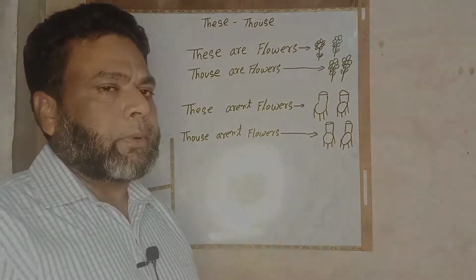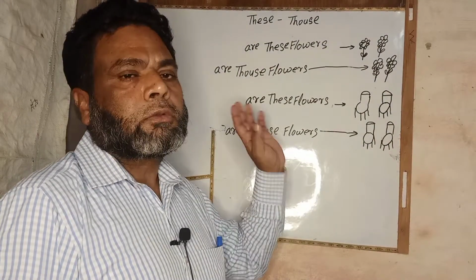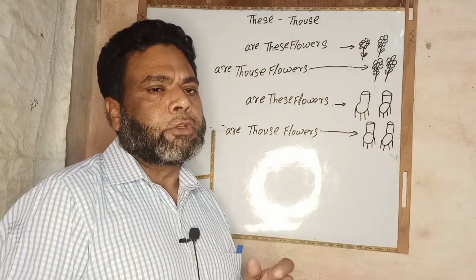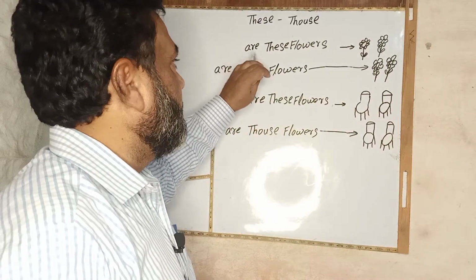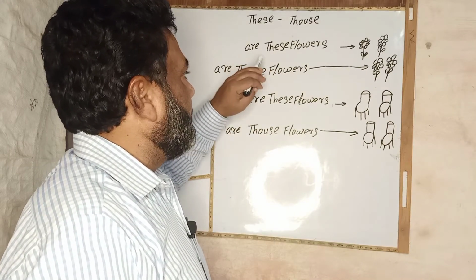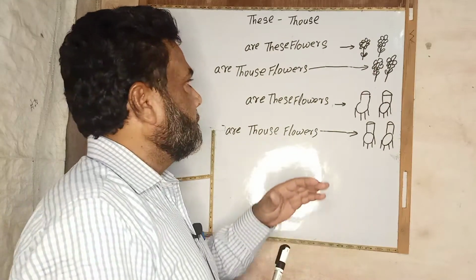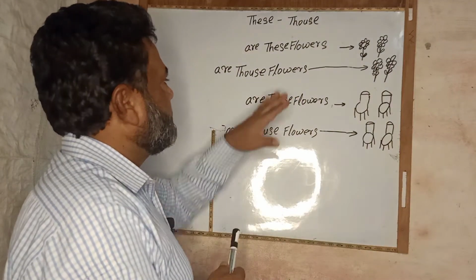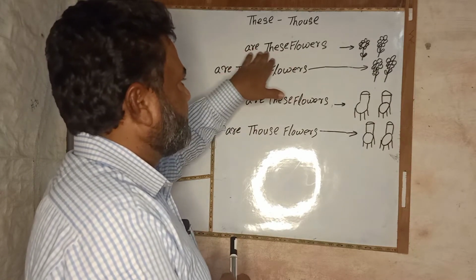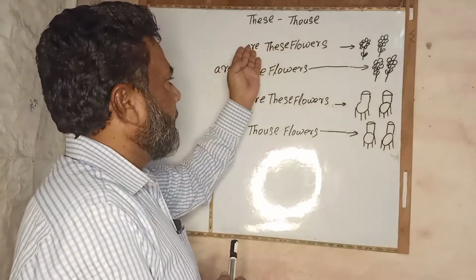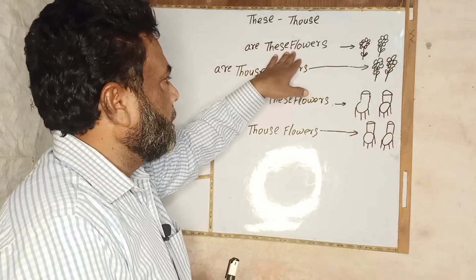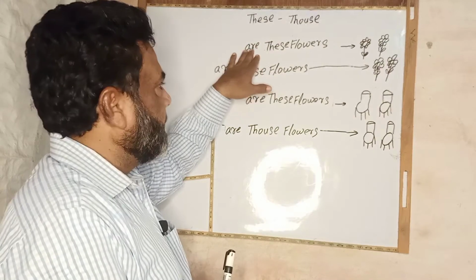Let's move on to the next part. Now we learn about questions. How to make a question with these and those. Here is an example. If you want to make a question, you just bring the be verb to the front of the sentence.